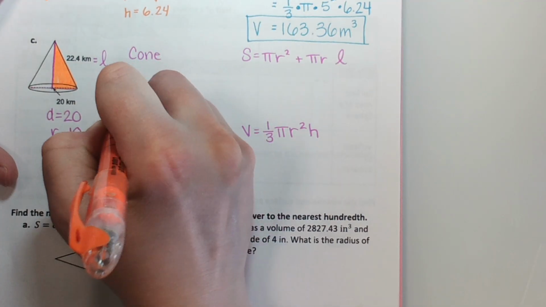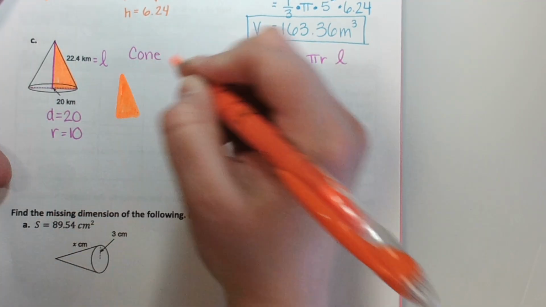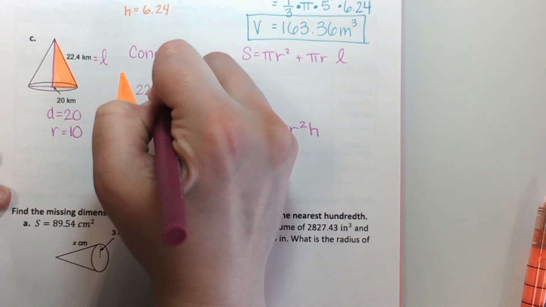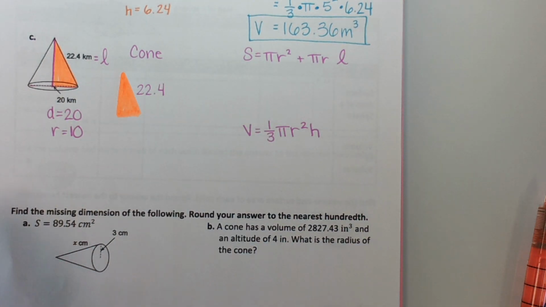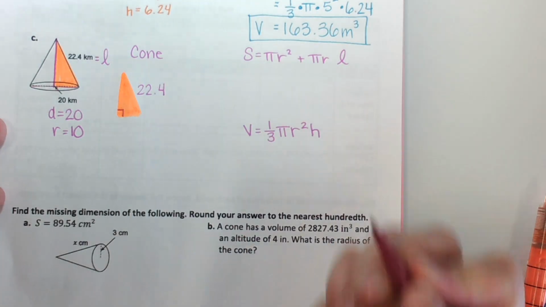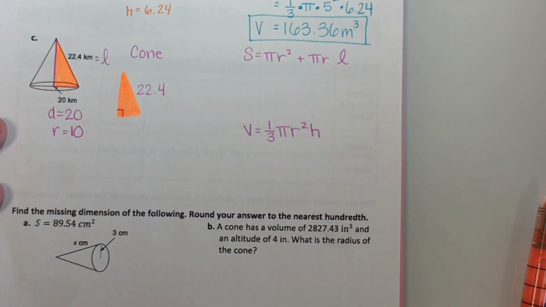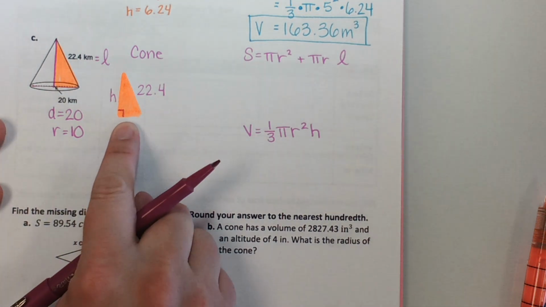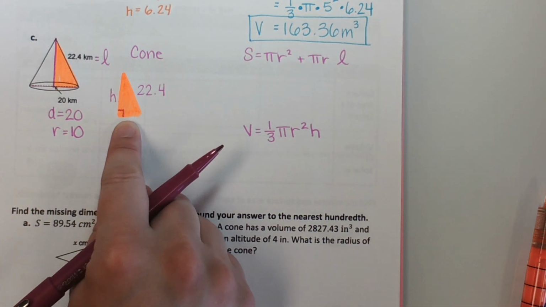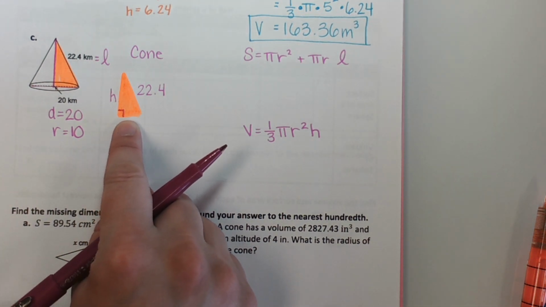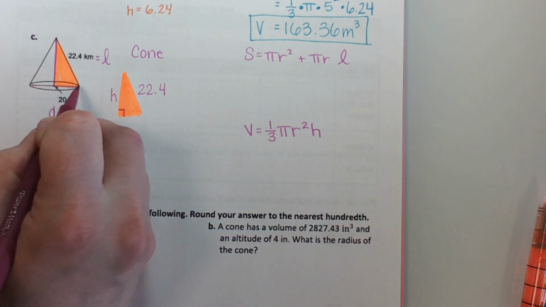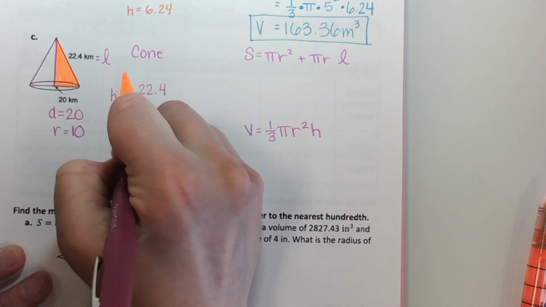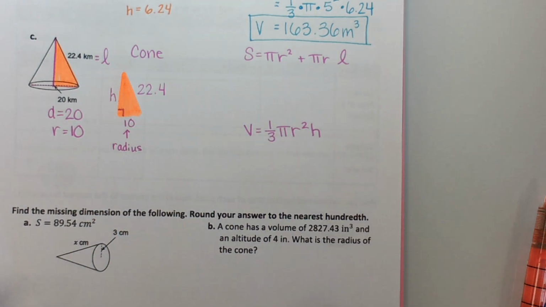Right triangle. This is a 22.4. There's the right angle. Here's my height. What's this? 10. It's a radius. Always going to be the radius on the cones.